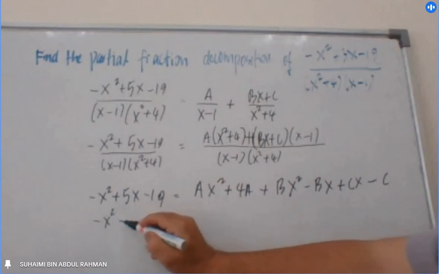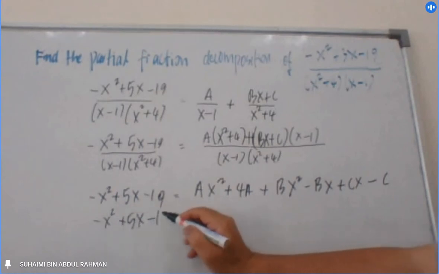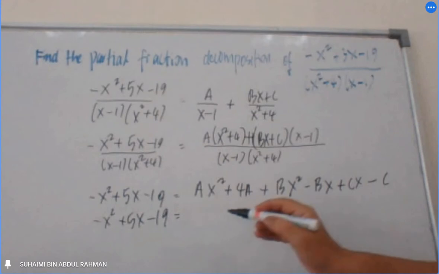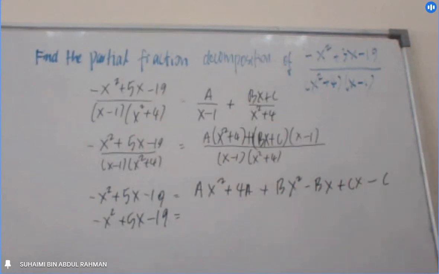Minus x squared plus 5x minus 19. We group together the coefficient of x squared. What is the coefficient of x squared?